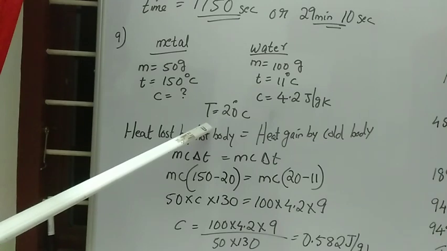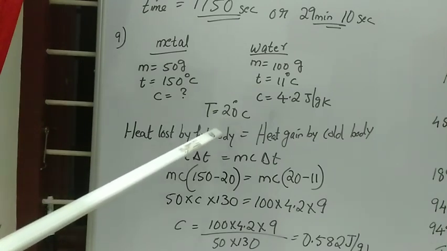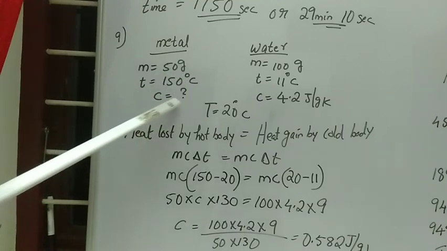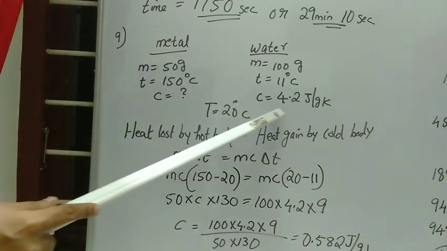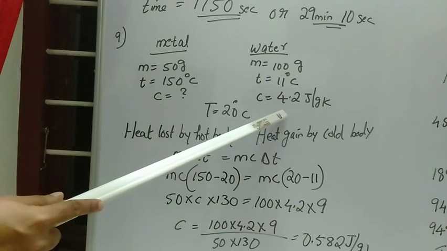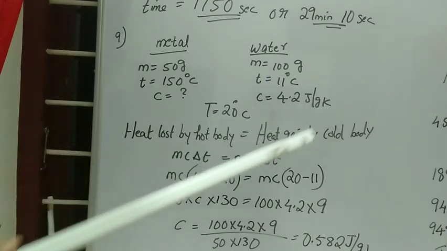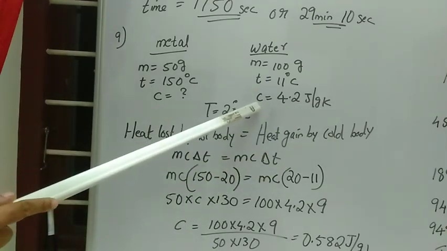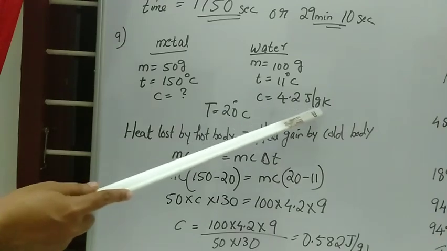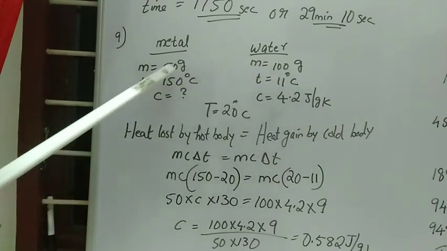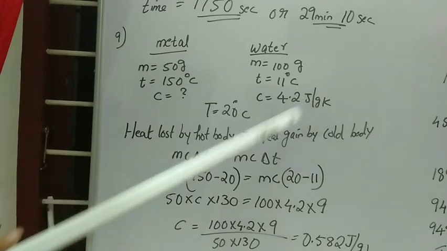The final temperature acquired by the body is 20 degrees Celsius. Calculate the specific heat capacity of metal. Specific heat capacity of water is given 4.2 joules per gram Kelvin. Since specific heat capacity is given in joules per gram Kelvin, here also we are not going to change because all are given in the same unit.